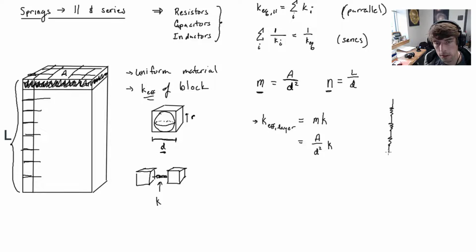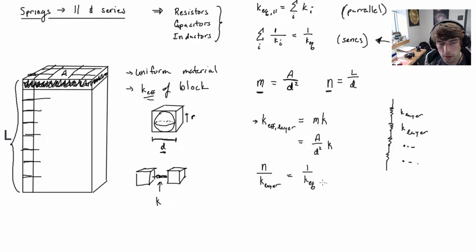Rather than a physical three-dimensional object, we're modeling it as a single spring that's K layer, and a second one that's K layer, and a third one that's K layer, dot dot dot, a bunch of springs in series. And we can see from up here that we have n springs, each one of K layer, and that must equal 1 over K equivalent, the equivalent spring for the entire block.